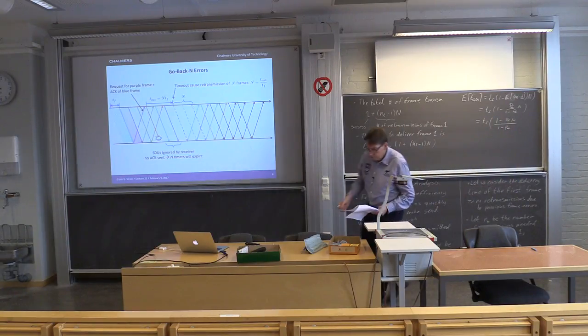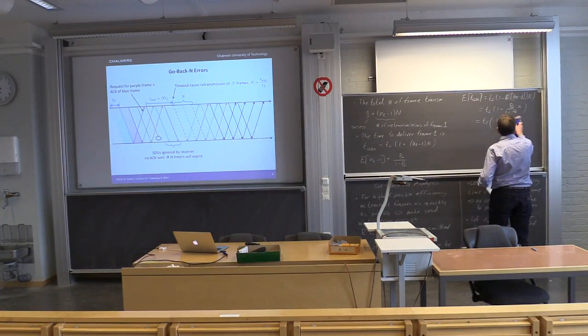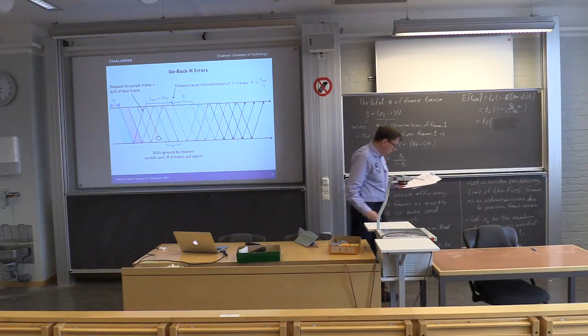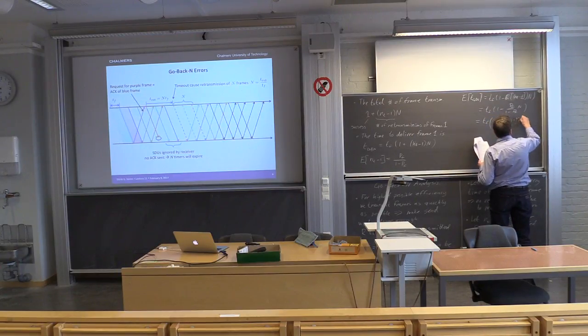I think I messed this one up. It's 1 plus (N minus 1) Pf divided through by 1 minus Pf.